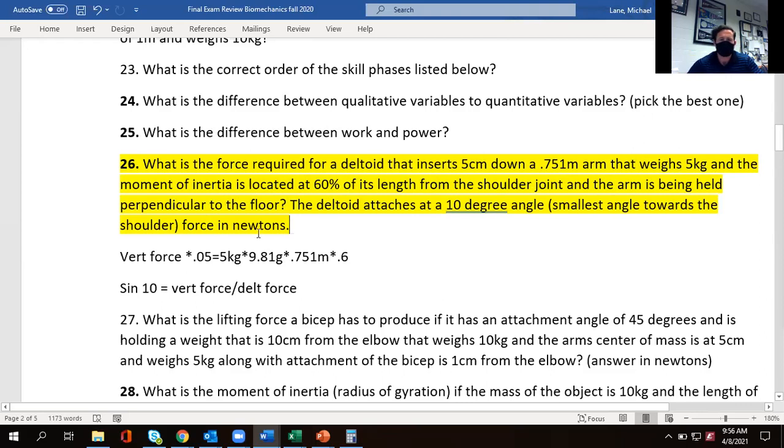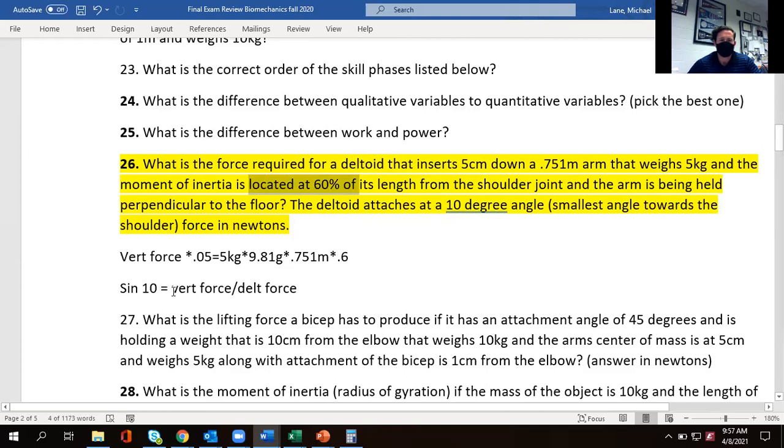Okay, smallest angle towards the shoulder, force in newtons. So we're setting up our vertical force is going to be multiplied by the length of that lever arm, 0.05, which is going to equal our 5 kilogram load for the arm multiplied by gravity, so 9.81 g. And then we're going to multiply that by essentially the length of the arm, which is 0.751. And from there, the 0.6, because remember, its moment of inertia is at 60% of its length.